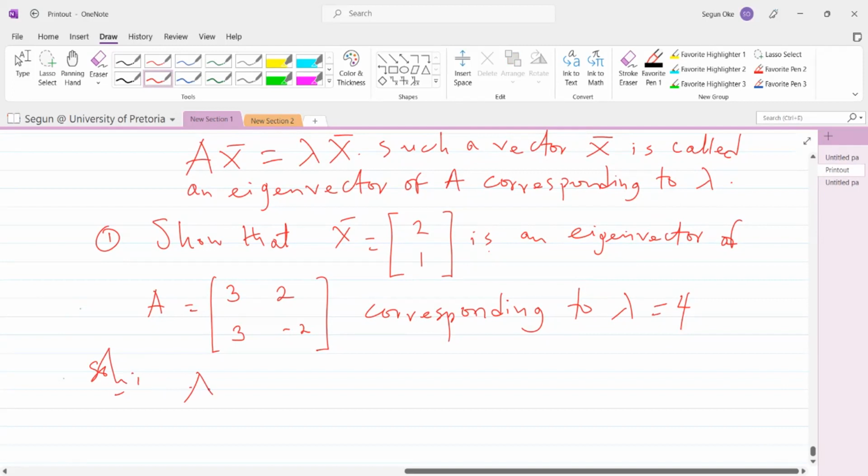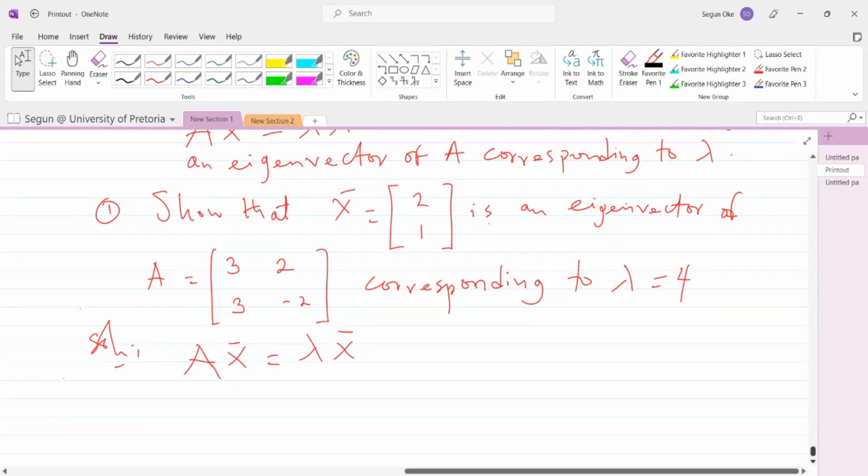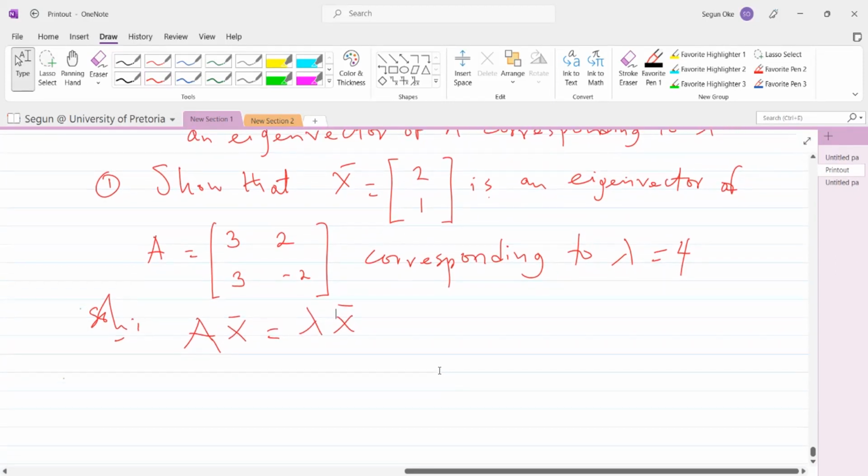The formula is matrix A times x bar equals lambda x bar. So in this case, we can proceed by saying that our A, we know our A to be what?